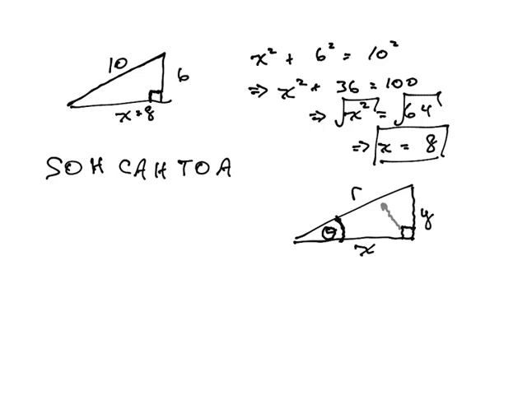And what these things say, let's take SO for instance, that says that the sine of the angle theta is equal to the side which is opposite to the angle. So the side opposite to the angle is that side over there, y, divided by the hypotenuse, the h, r in this case.